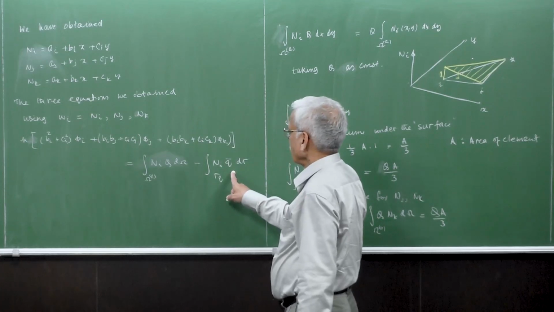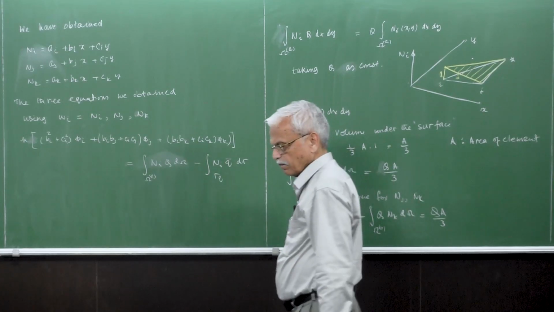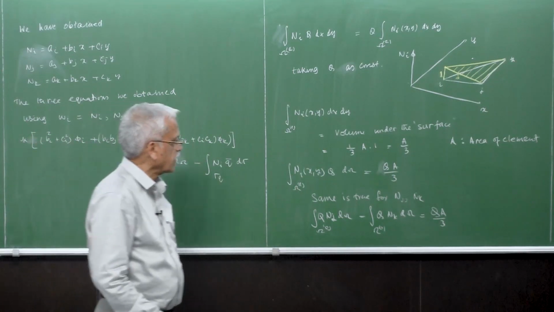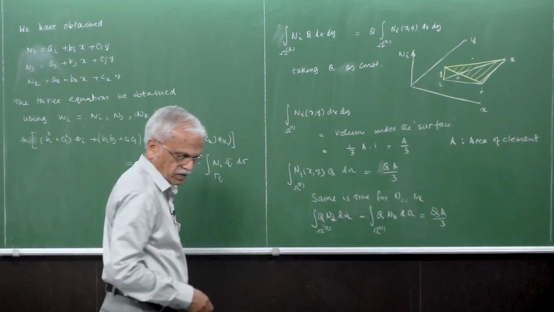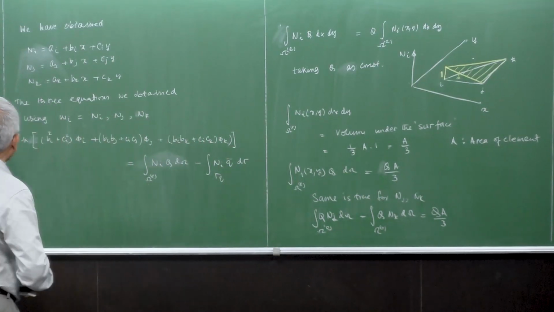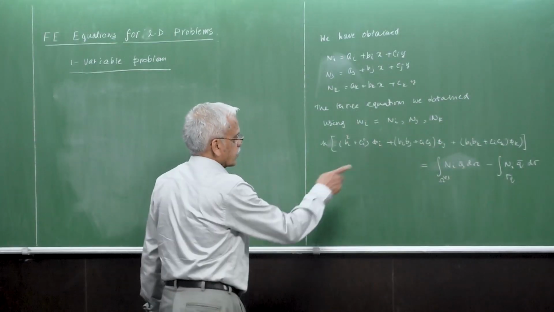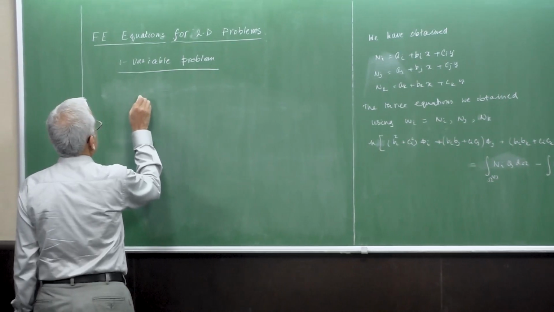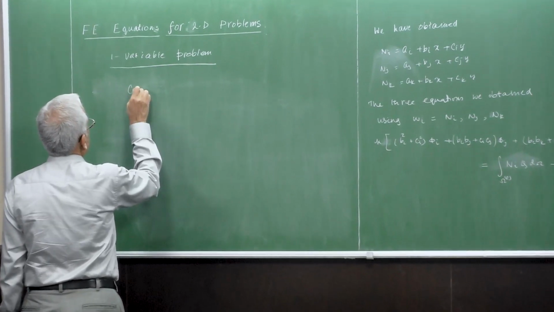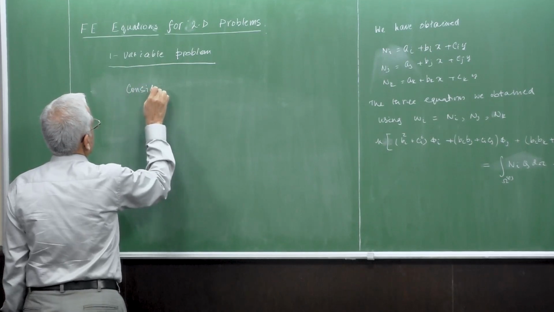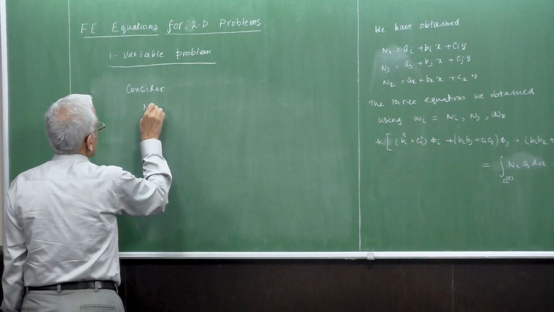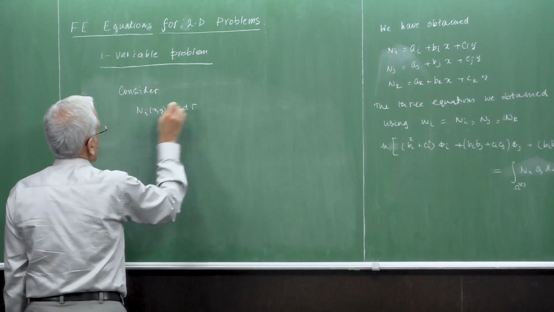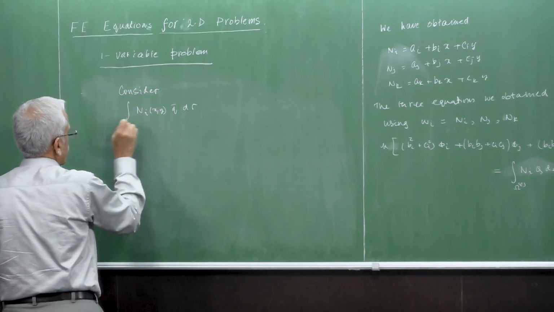Okay, so then we also have this Ni q bar term. I will just tell you what this is. This has to be integrated over gamma q. Let me show you that here. One more integral is there: Ni q bar over gamma q.